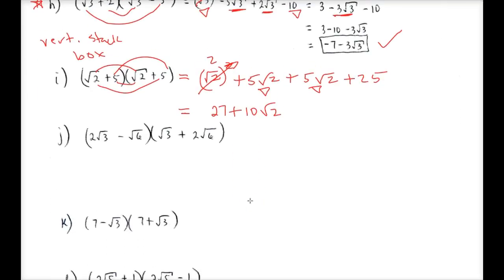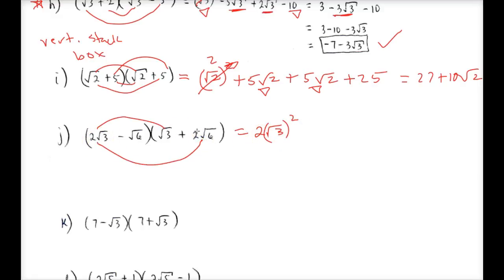For J, we're going to do the same thing. Let me just move this answer here right quick. So for J, we're going to go ahead and multiply again by using the FOIL method. So here we'll multiply first terms together. So that's square root of 3 squared. Okay. Multiply outer terms together.